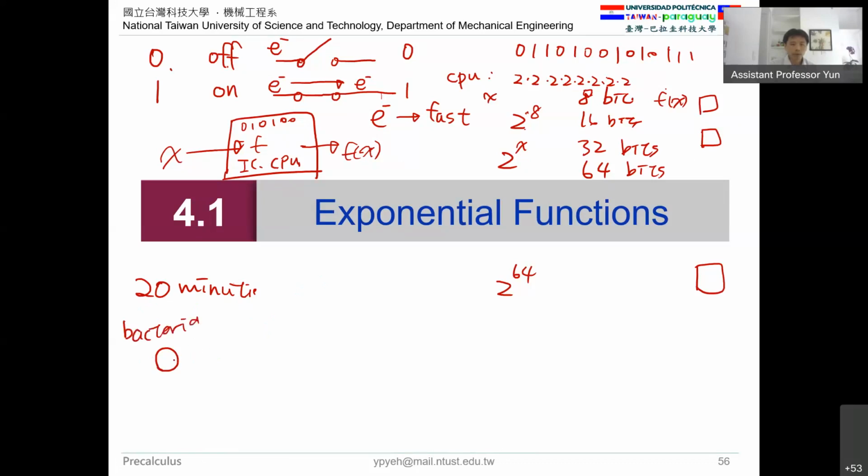After 20 minutes, they will grow to 2 of the bacteria, right? Okay, so another 20 minutes. This will be 20 minutes and 20 minutes, okay? There will be another 2. Okay, so another 20 minutes.